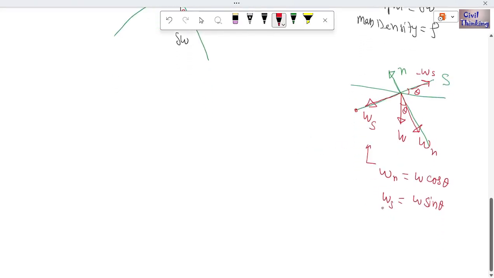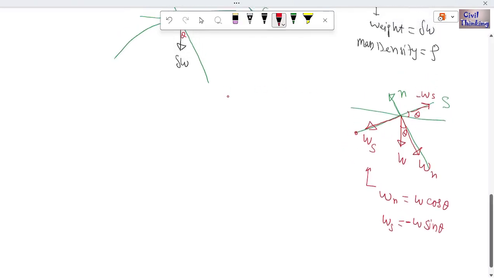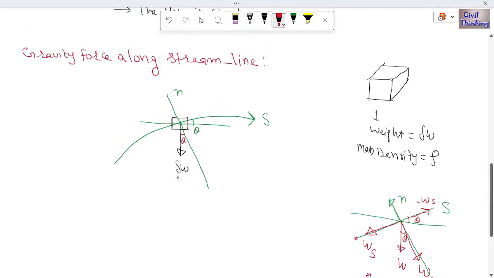So our component is going to be negative. Negative of W sine theta is the component of weight along the streamline. From here we can write this is delta W normal, along the normal, and this is delta W along the streamline.